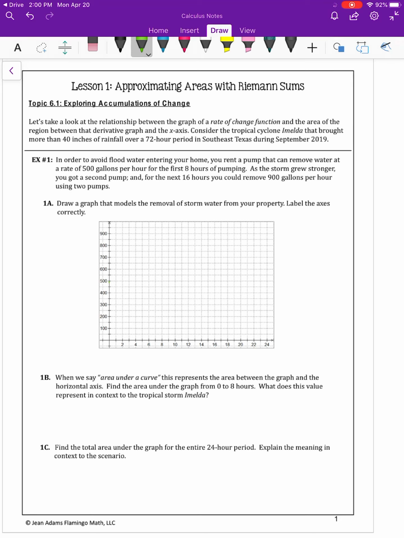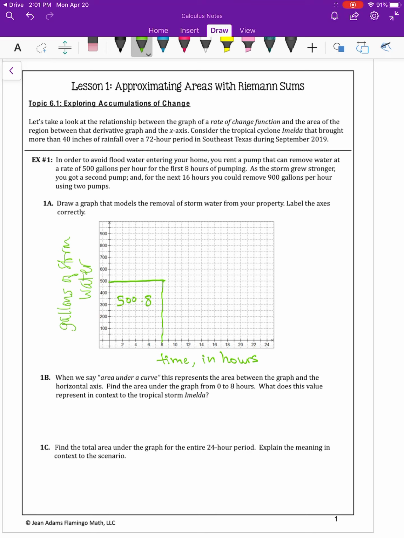Label the axes correctly. So, what we're going to do is look at, for 8 hours, 500 gallons of water was pumped. So this is going to be our time in hours.